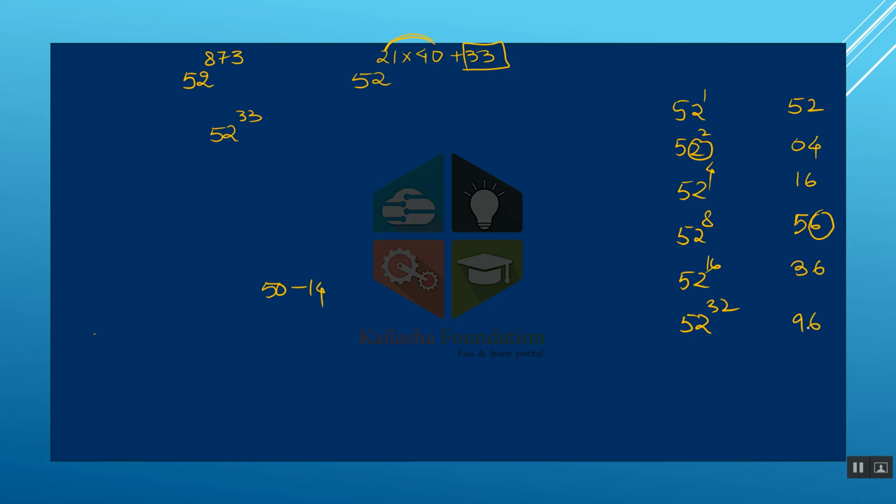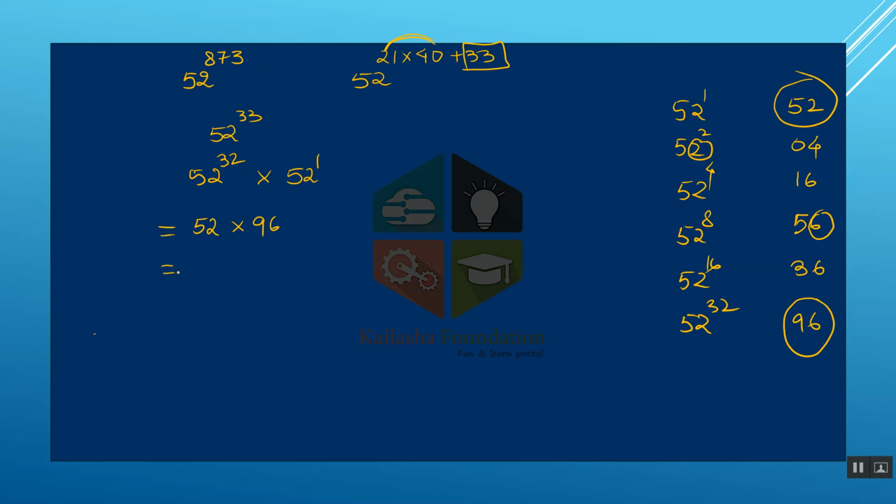Now for 52 raised to the power 33, we can write it like 52 raised to the power 32 times 52 raised to the power 1. 52 into 96.